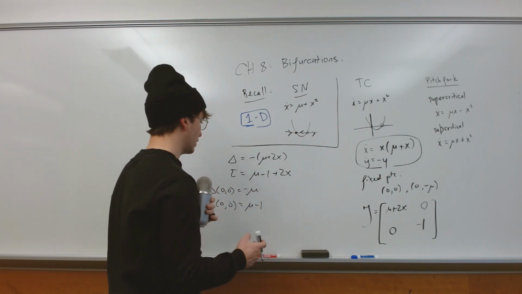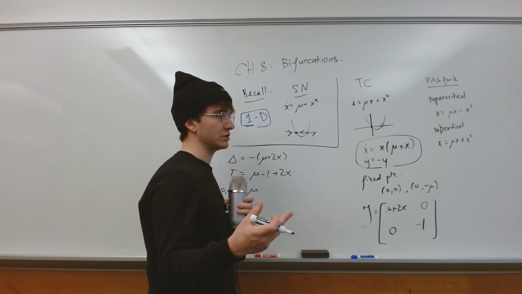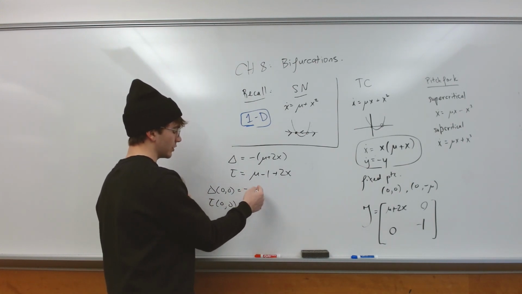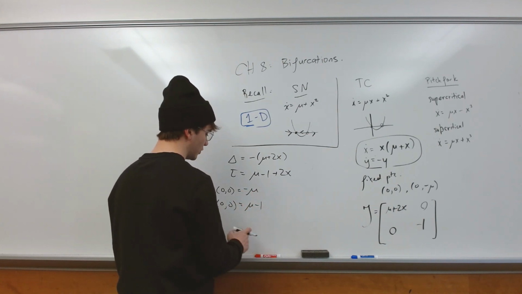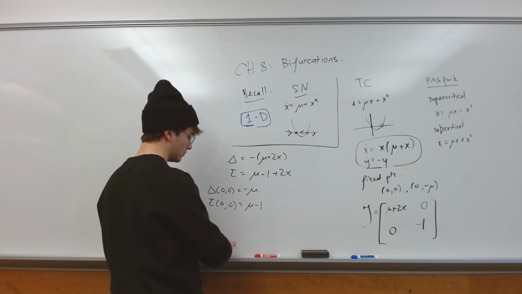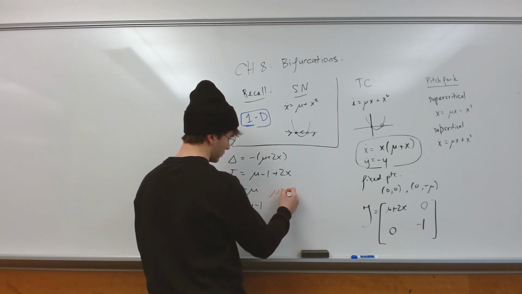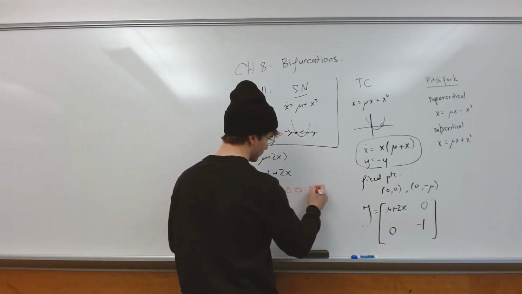Remember that when the determinant is positive, we get nodes. When the determinant is negative, we get saddles. So if mu is positive, this implies that we have a saddle.